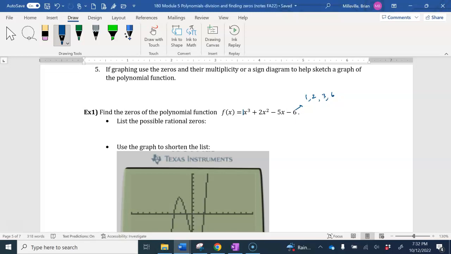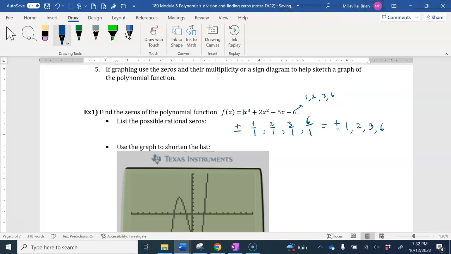So listing off the possibilities, including positives and negatives, we would have ratios of 1 divided by 1, 2 divided by 1, 3 divided by 1, 6 divided by 1. Again, the 1s in the denominator are because the leading coefficient for this example is 1, so that makes it quite simple. It's just plus or minus 1, plus or minus 2, plus or minus 3, and plus or minus 6.